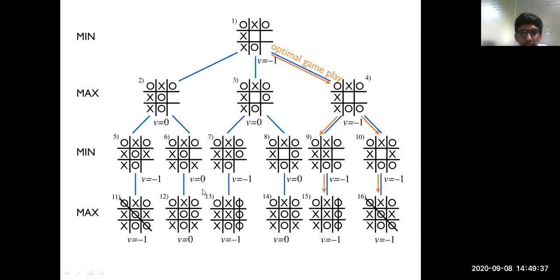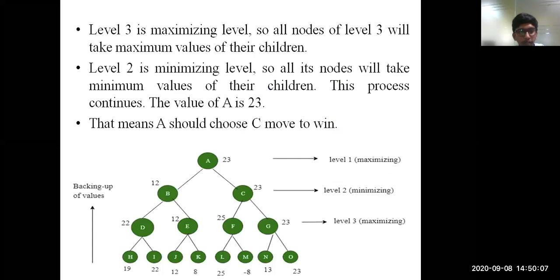Other paths are not selected because according to the min-max procedure, they are not leading to a win. Here at node 11, you can see the value diagonally also will be leading to a win, but it is not meeting the criteria of your min-max condition. That is why it's not taken. Only this path has been selected. This is how the min-max strategy will be applied to your algorithm.